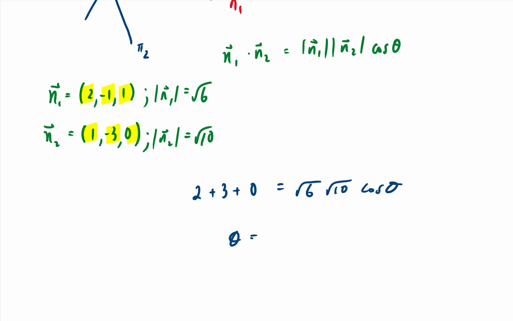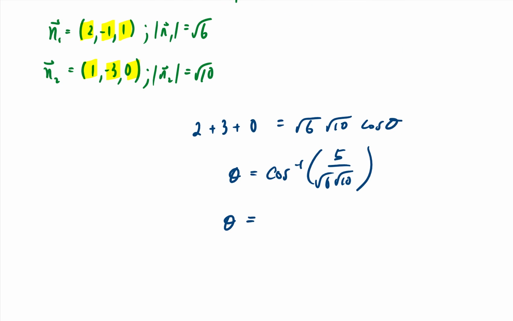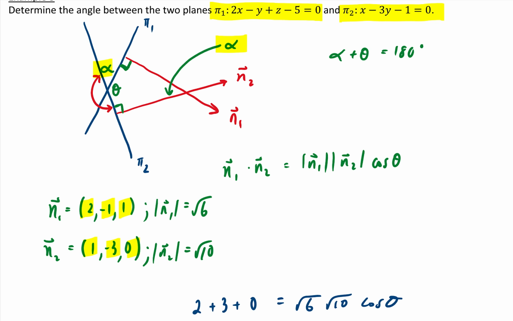So if I want to solve for theta, that's going to be the cos inverse of 5 divided by root 6 root 10. And therefore the angle between the two planes, or the angle between the two normals, is equal to approximately 50 degrees.